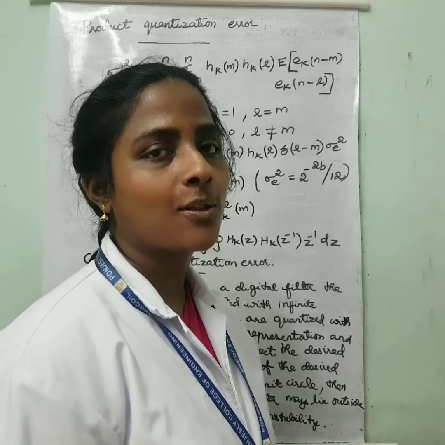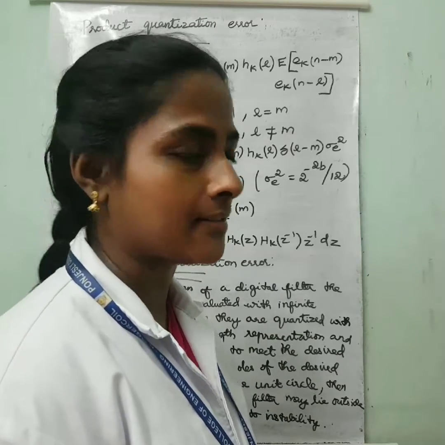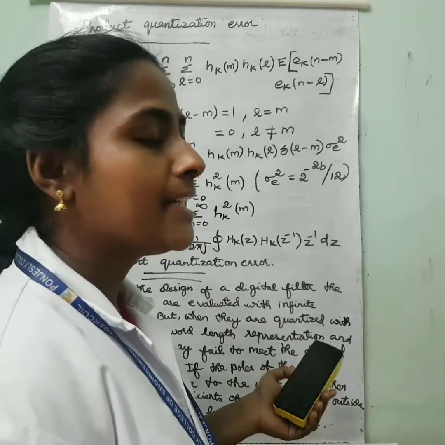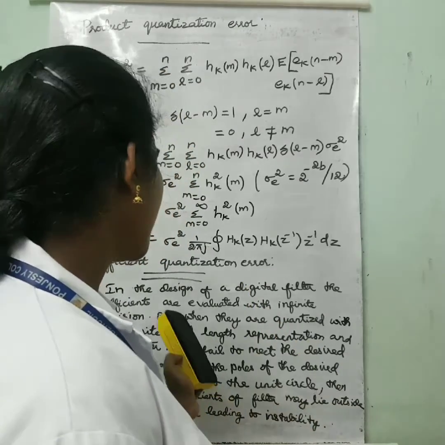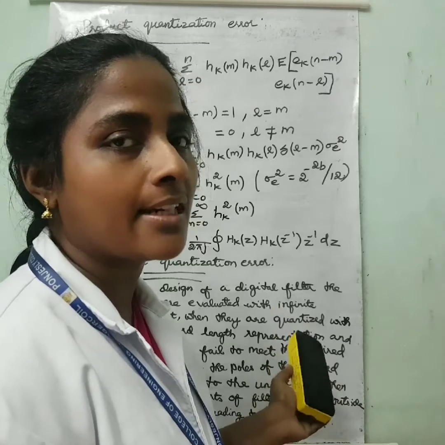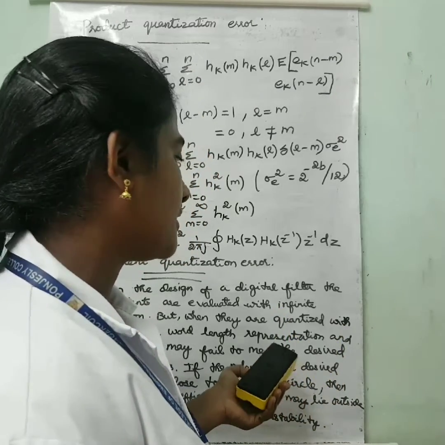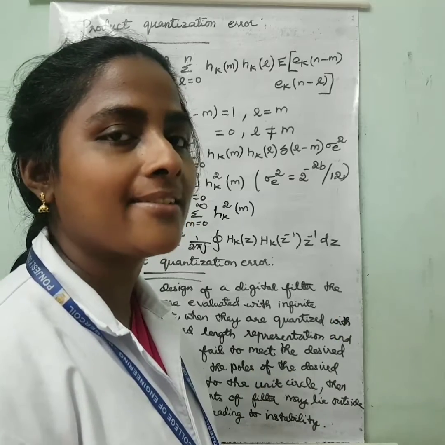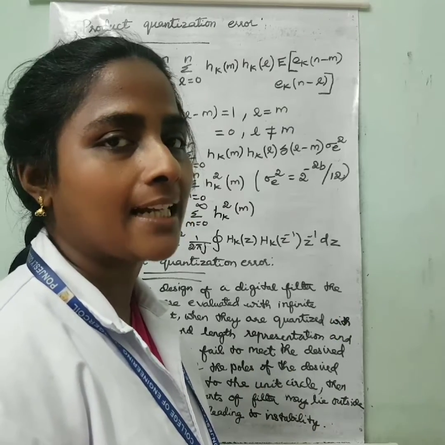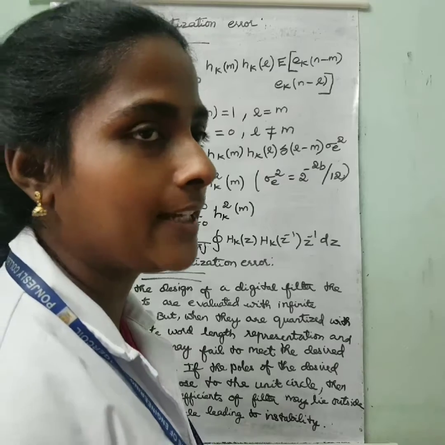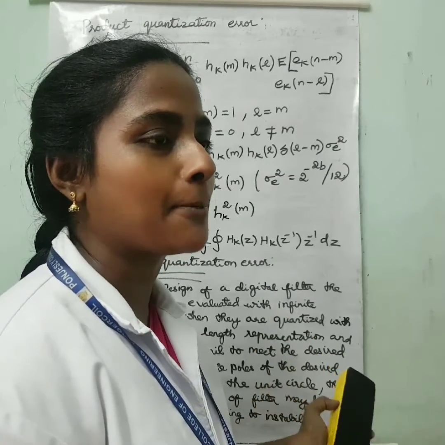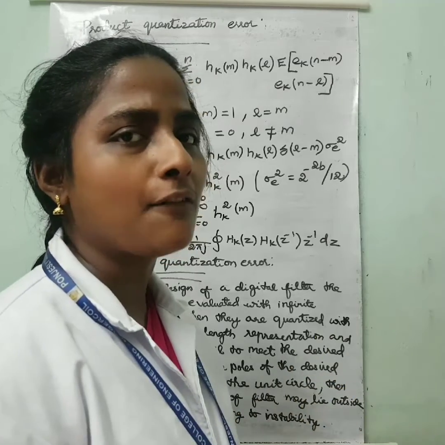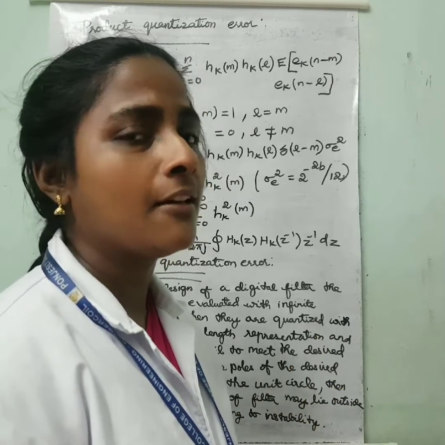Next we can see coefficient quantization error. In the design of the digital filter, the coefficients are evaluated with infinite precision. This infinite precision should be quantized to get a finite word length representation. This finite word length representation may lead to the failure of the desired specification of the filter.